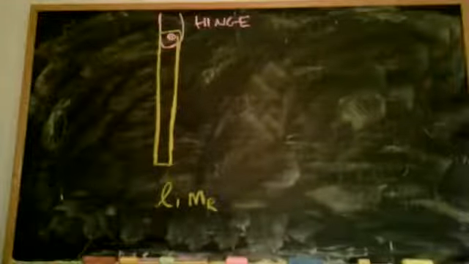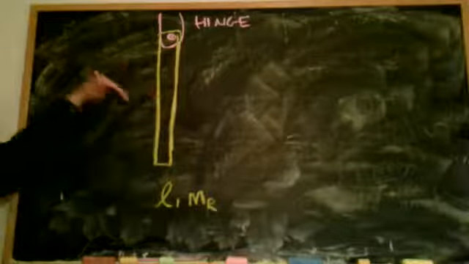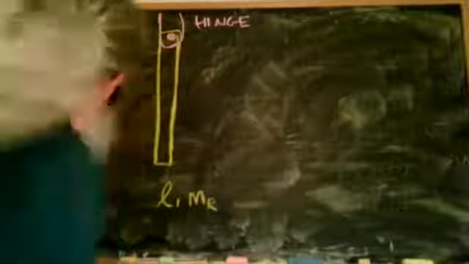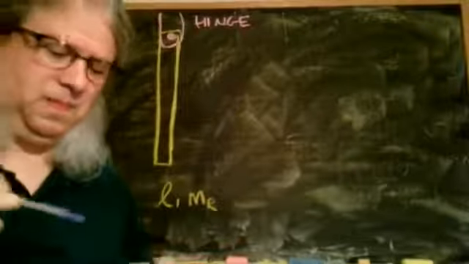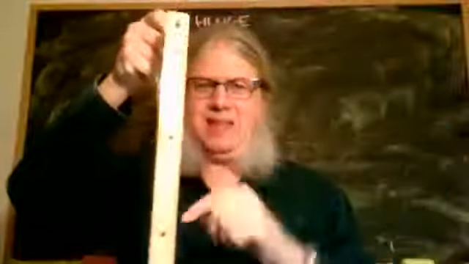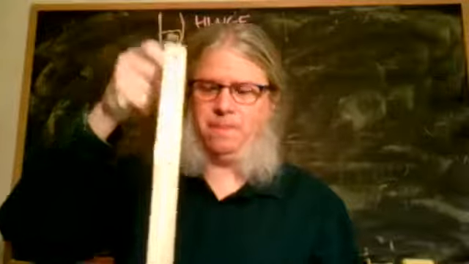And it's just hanging. Nothing happening. It's free to swing on the hinge, so it looks like this. It's free to swing on the hinge like that, but for starters, it's just hanging, motionless.